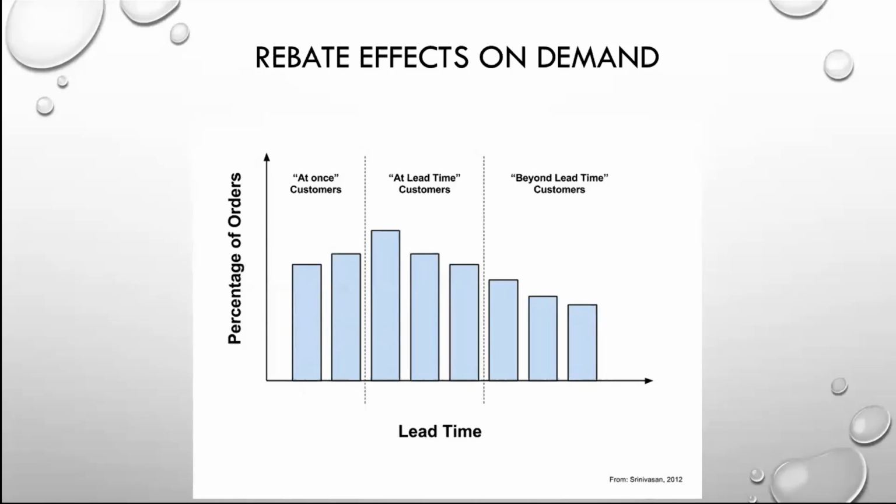And some said that they are ethical because at the end of the day, it's up to the customer to go through all the trouble to get the rebate. Some people even mentioned that as long as the rebate is clear, that's fine. But let's see what happens when you use rebates in relation to a product. When you use a rebate, you in essence accelerate the demand of a product in the short term.